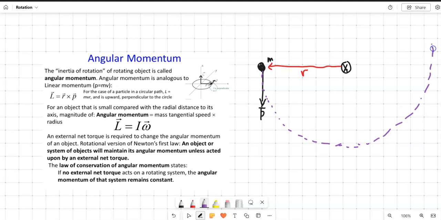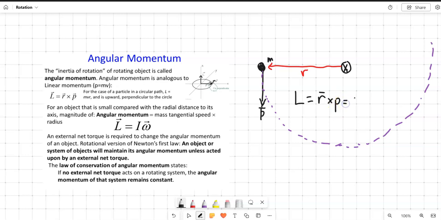So imagine it's just swinging along this dotted line. Now this linear momentum, if it's being interpreted around this pivot point, can also be interpreted as an angular momentum, right? It has an angular momentum, it's a distance r away, and it has that momentum.